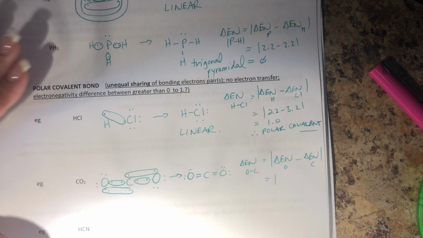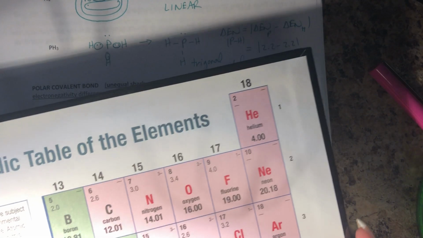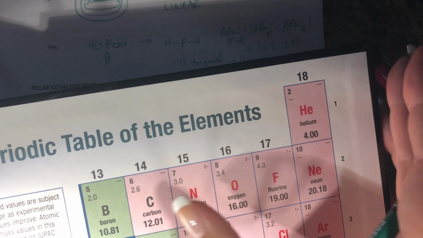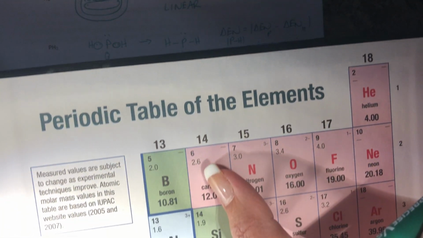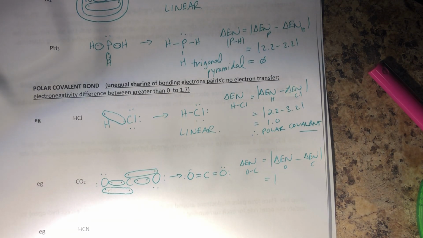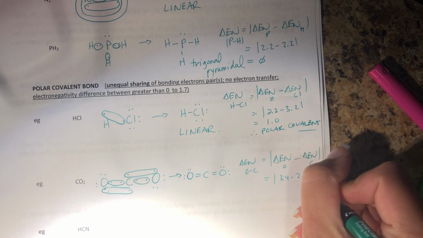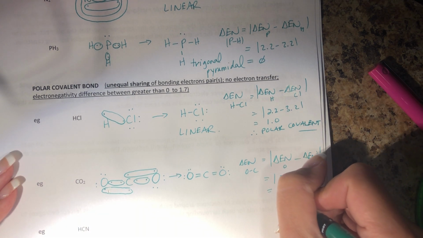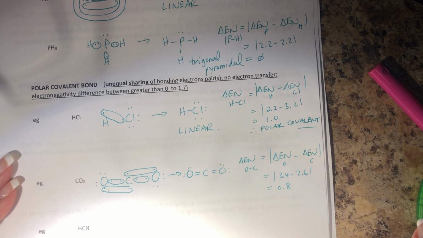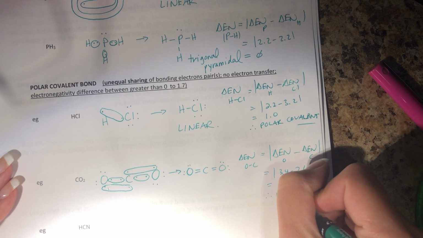So oxygen is 3.4, and carbon is 2.6. 3.4 and 2.6, and that is equal to 0.8. So we know that this is also a polar covalent.